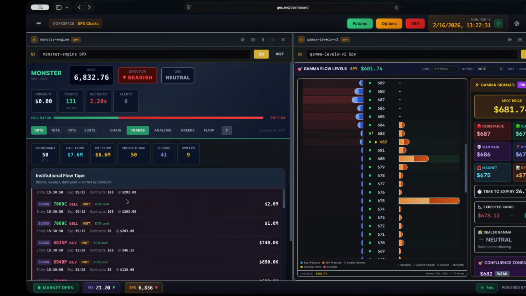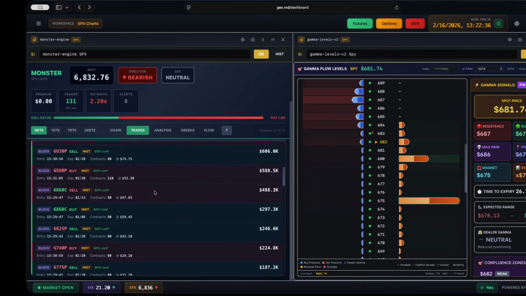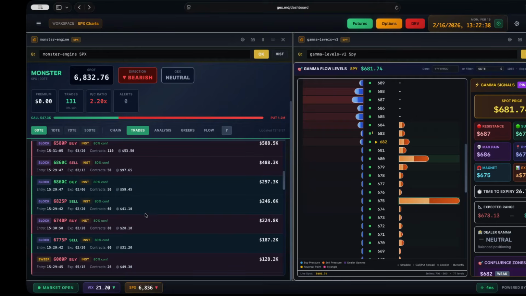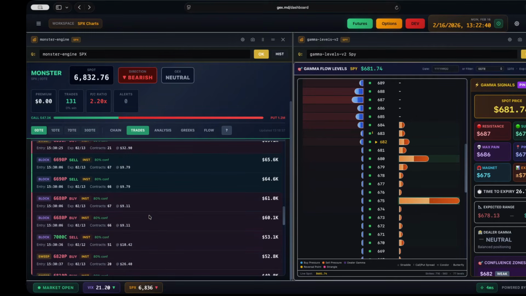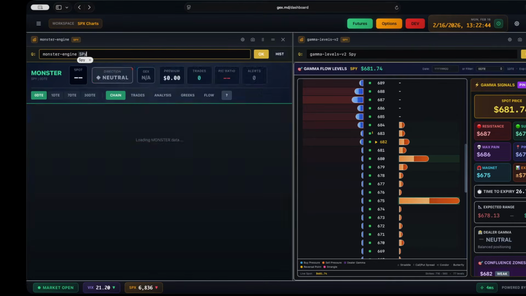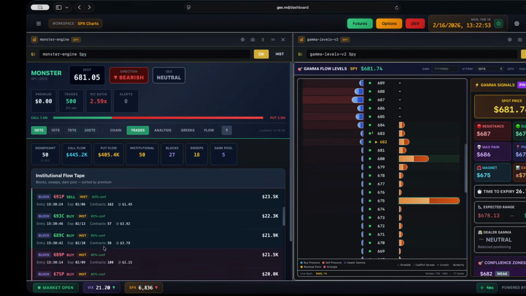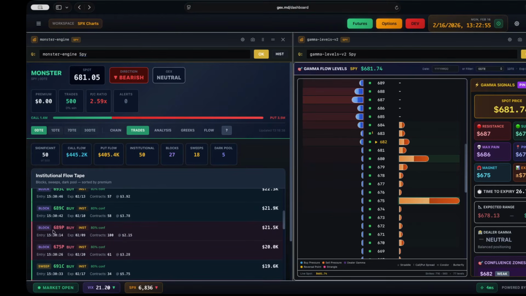And you go here and then you see trades. This was the last trading day. You see what they're doing, and then you can tag this by putting whatever ticker you want to see, SPY, QQQ, whatever, and then they're going to show you 689.